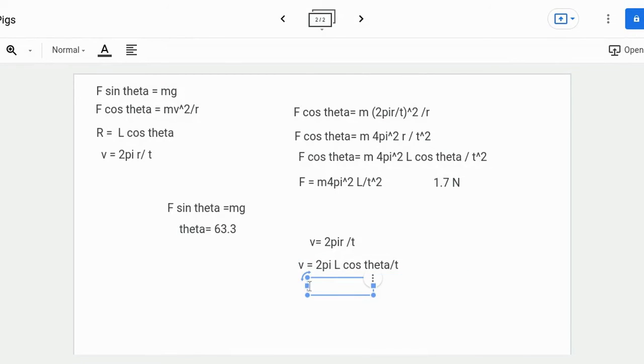And then we're going to plug in everything we know. So we have the 2 pi here, our length, which we know is 0.9, our cosine of the angle, which we now know is 63.3, and all that over t, which is 1.8. Plugging everything in like that, we get our velocity is going to be equal to about 1.41 meters a second.